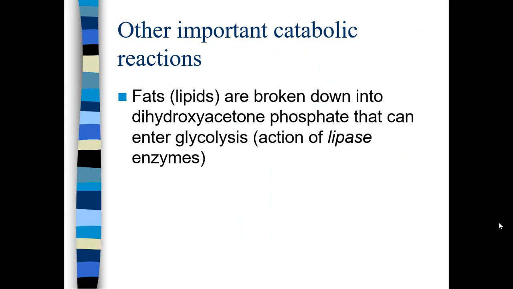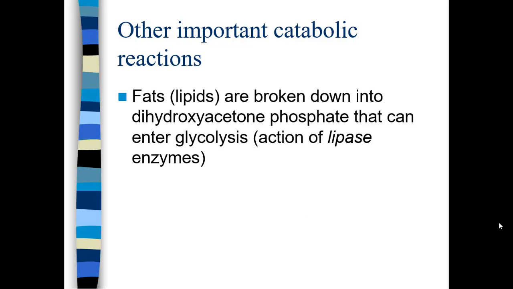Now, when we look at catabolism in general, and you look at aerobic respiration, the impression is that glucose is the only thing that can be broken down for energy. And that's not true. We know from a dietary perspective that fats can be broken down as well as proteins, and any of those items can be broken down in order to gain energy.